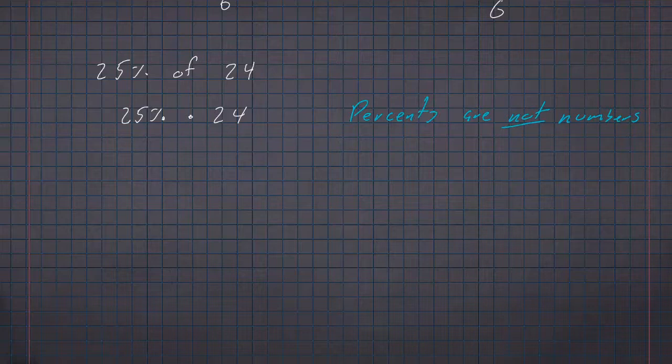The natural inclination, the easier way to do that, is to write 25% as a decimal and multiply 0.25 times 24.